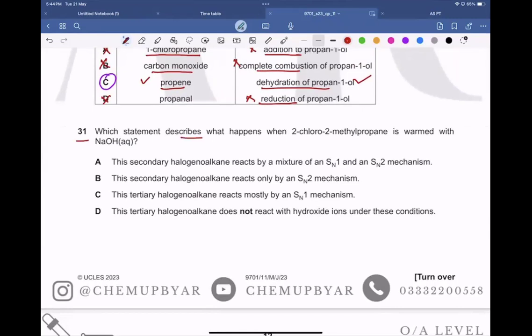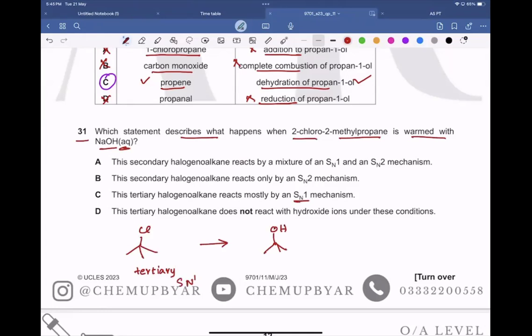Which statement describes what happens when 2-chloro-2-methylpropane is warmed with sodium hydroxide? So see, 2-chloro-2-methylpropane: propane, 2-chloro and 2-methyl. Isn't it a tertiary? And if you recall, it's a tertiary, and it is reacting with aqueous sodium hydroxide. So obviously nucleophilic substitution occurs, and it is going to be SN1, right?